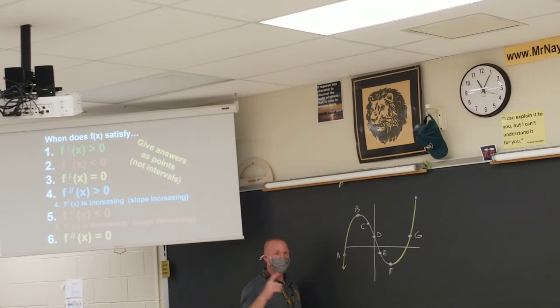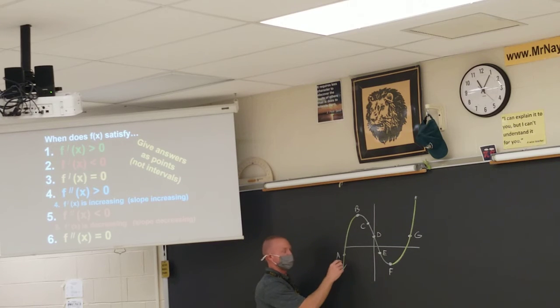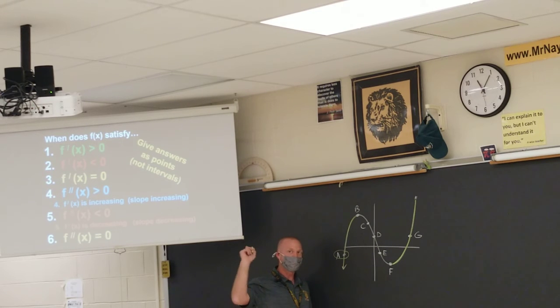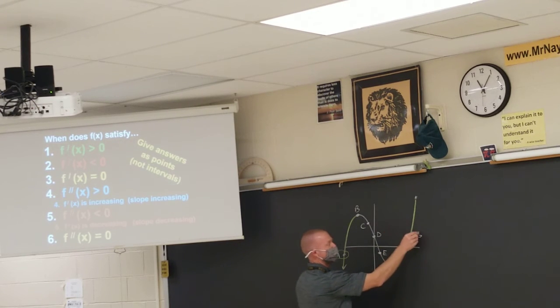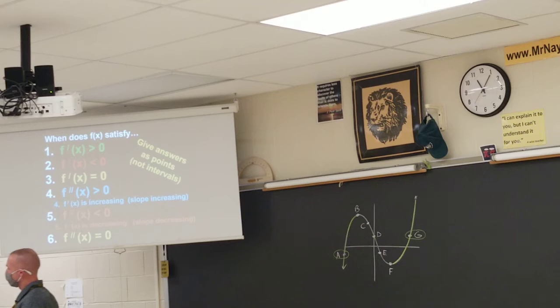Now, for the way I'm trying to get you to write your answer, you would give your answer as a point. So you can say that point A is a place where the derivative is greater than zero, and so is point G. I'm having you give your answer as a place instead of an interval this time, instead of an interval where you use infinity.